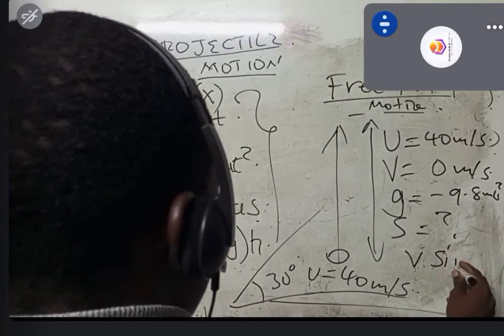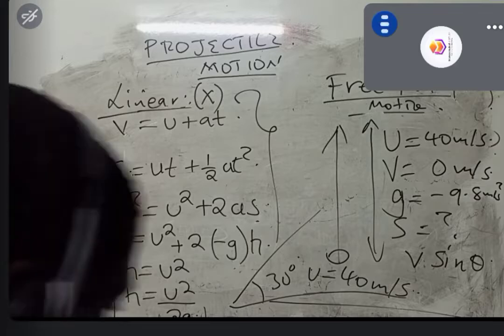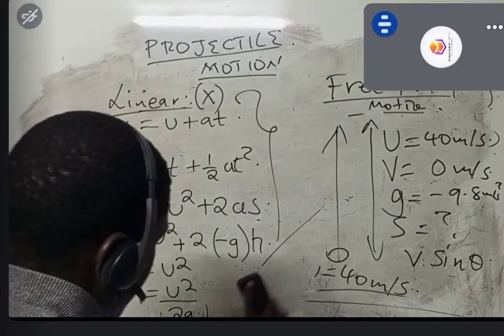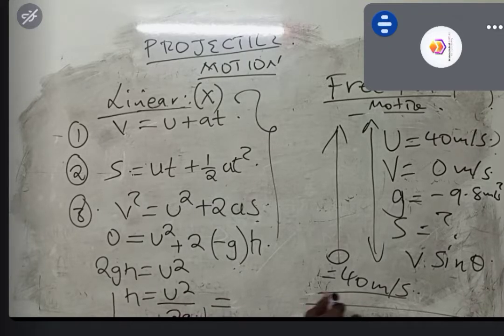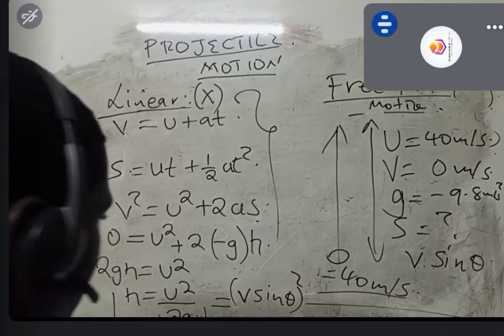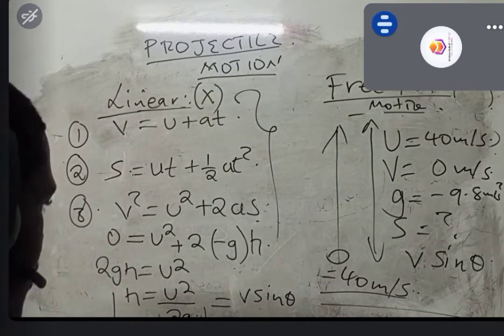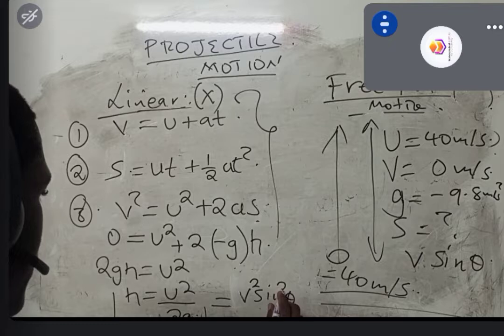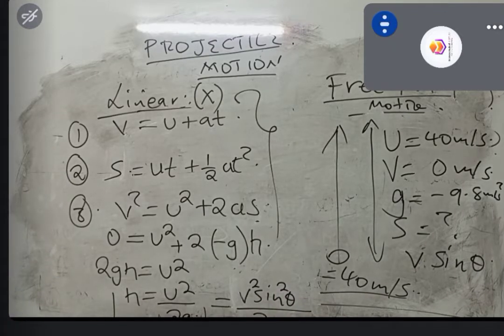So it will be v sine theta, right? So I appreciate that, guys. Thank you very much. So now, if this was projectile motion, our initial velocity becomes v sine theta, squared. V squared sine squared theta over 2g.